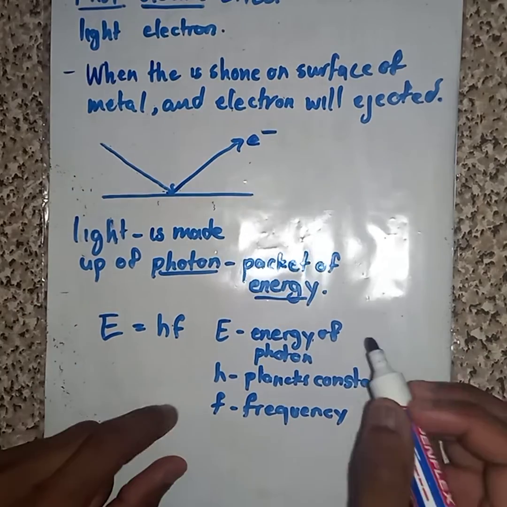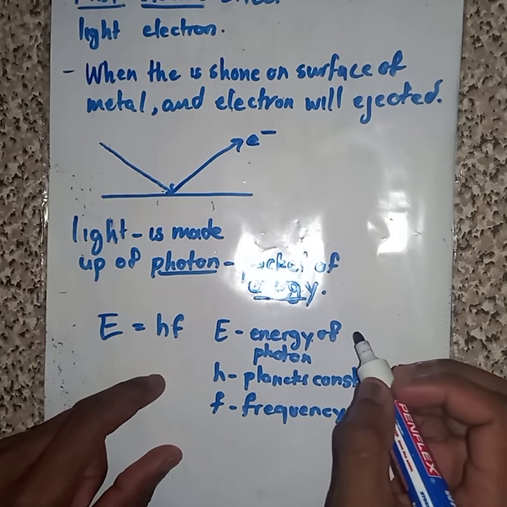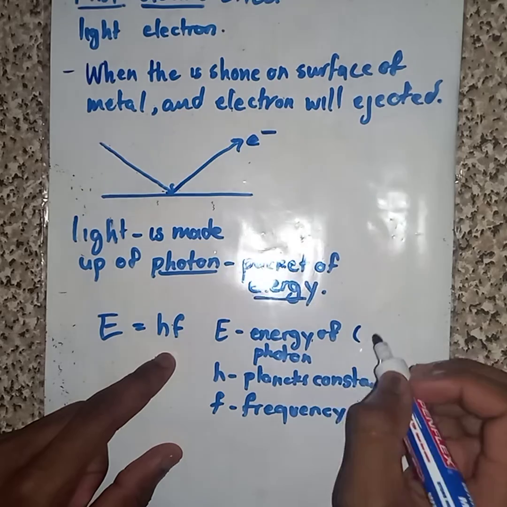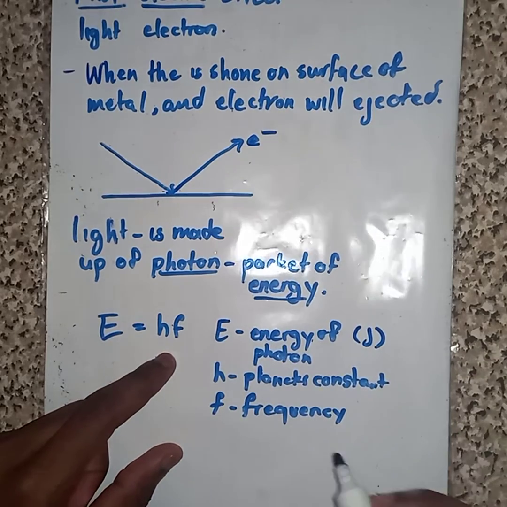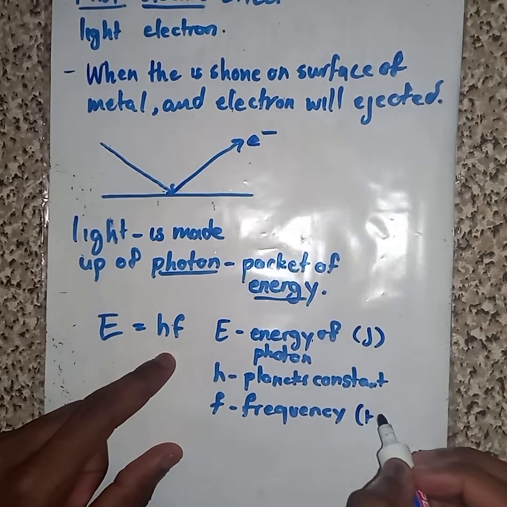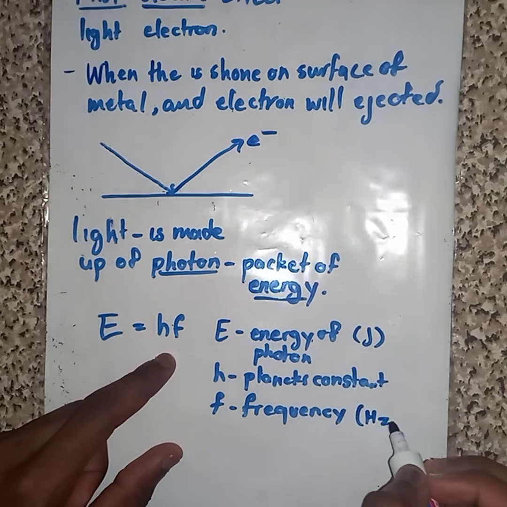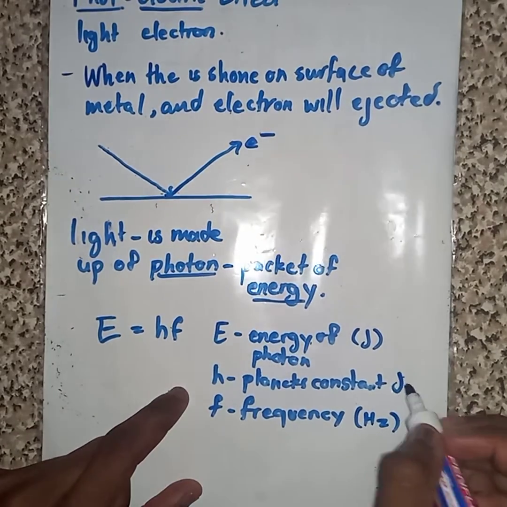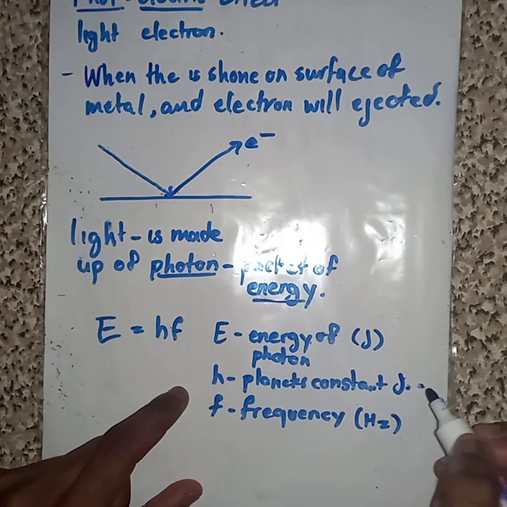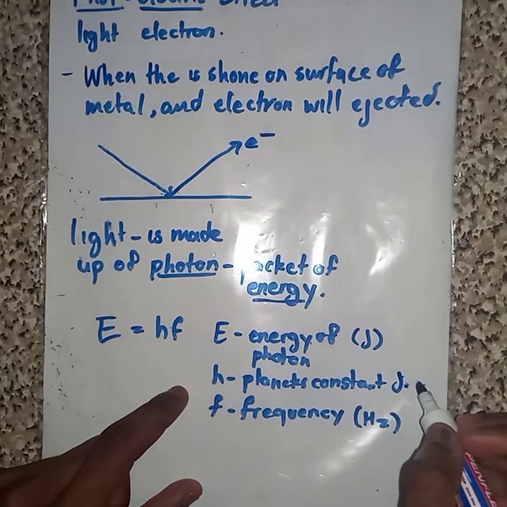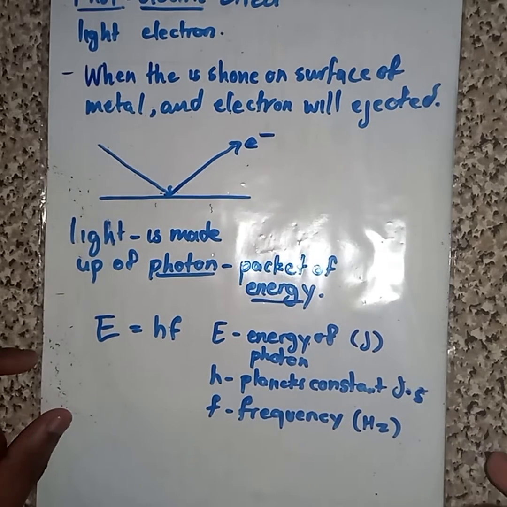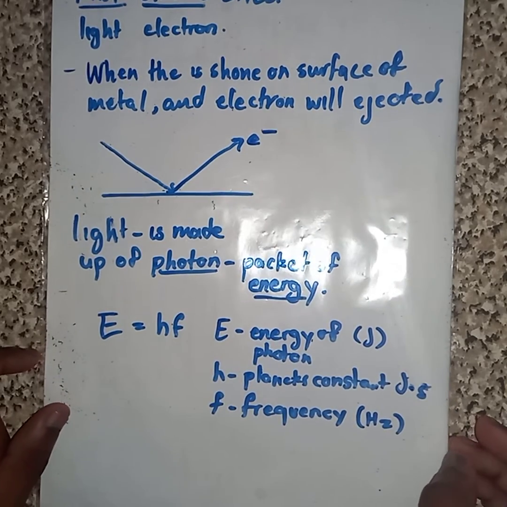Then the unit of energy is joules, of frequency it's hertz, and of Planck's constant it's joules per second, joules multiplied by second.